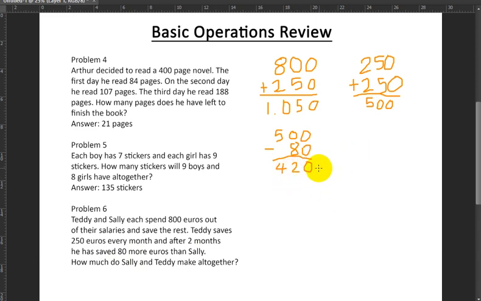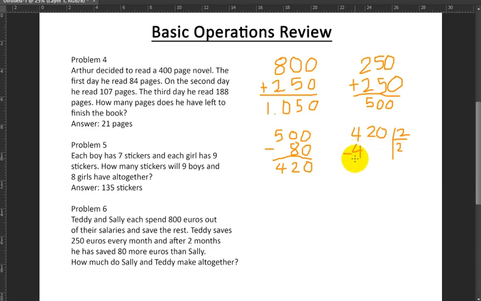Okay, but that's after 2 months. And we want to find out how much she makes every 1 month. So we need to figure out how much she saves every 1 month. Meaning I need to take 420 and divide it by 2. And this will give me the amount of money that Sally saves every 1 month. So 2 goes into 4 twice.